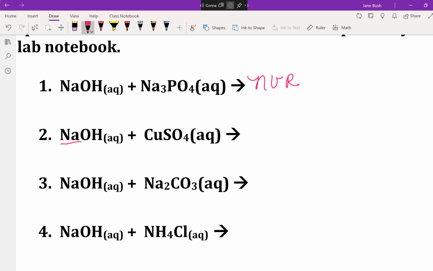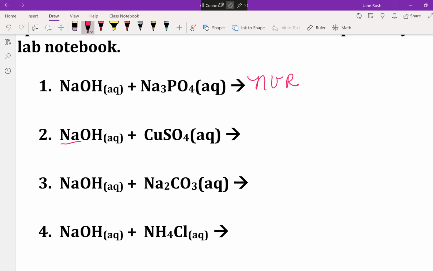No. So therefore, this guy is aqueous also. So this is another NVR. So if they both end in aqueous, it's NVR. 22 is NVR because you've got potassium and sodium. So you don't even need to write it out.